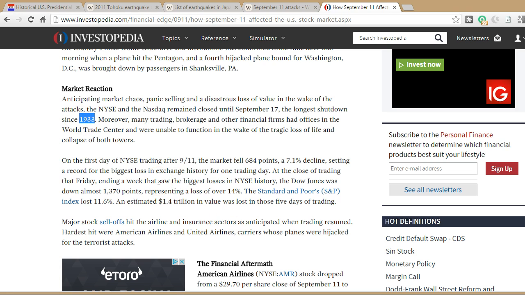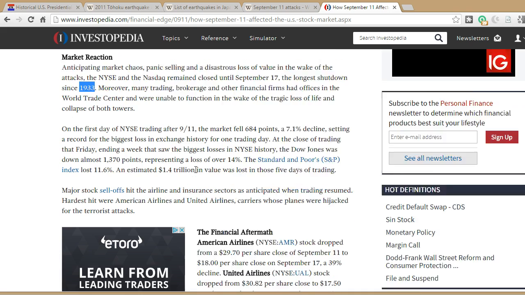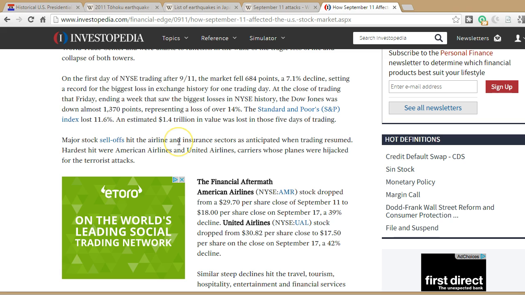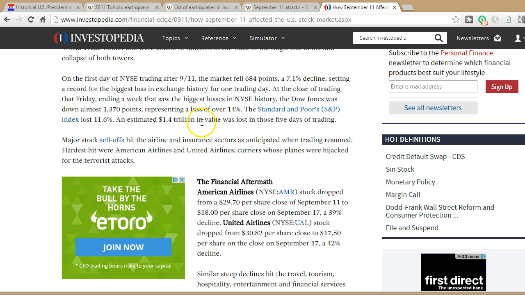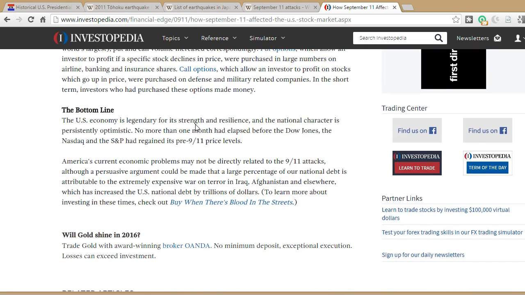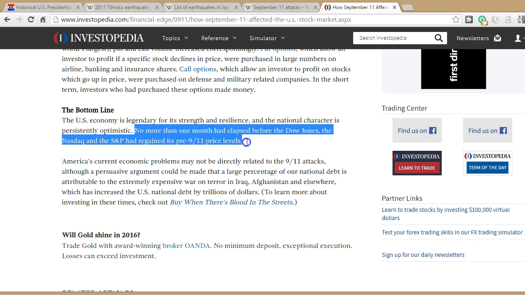It talks also about who benefited from this drop in price, because insurance had to be purchased in financial terms. So obviously there were some losers and some winners. It also says that the aftermath was that no more than 1 month had elapsed before the Nasdaq and the S&P had regained their pre-11th of September price levels.